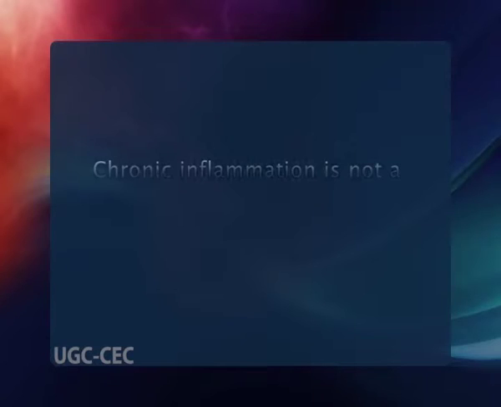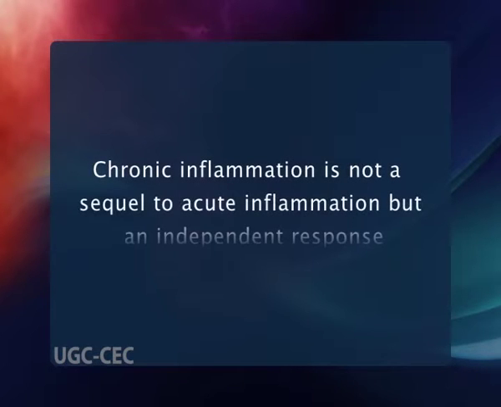The physical extent, duration, and effects of chronic inflammation vary with the cause of the injury and the body's ability to ameliorate the damage. In some cases, chronic inflammation is not a sequel to acute inflammation but an independent response. Some of the most common and disabling human diseases such as tuberculosis, rheumatoid arthritis, and chronic lung disease are characterized by this type of inflammation.